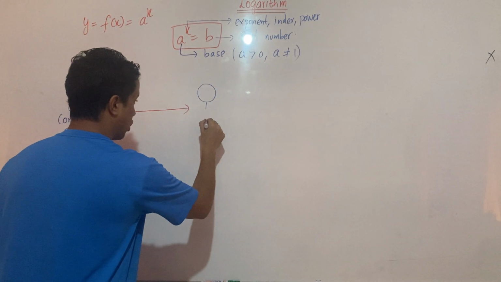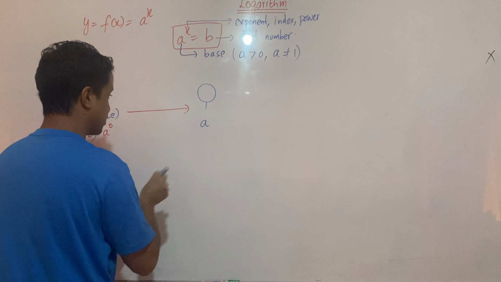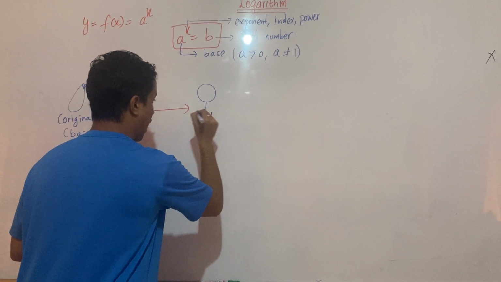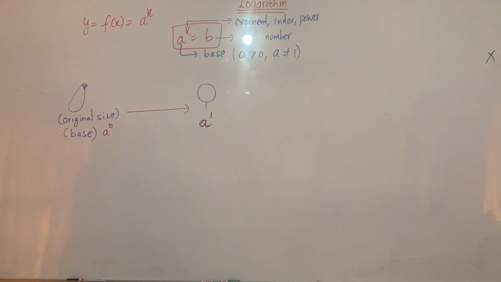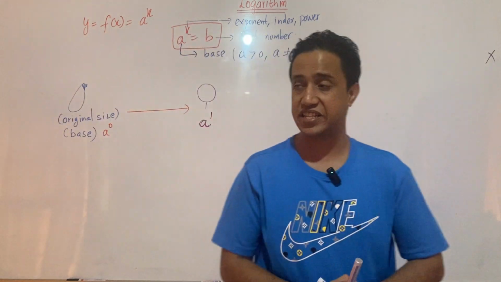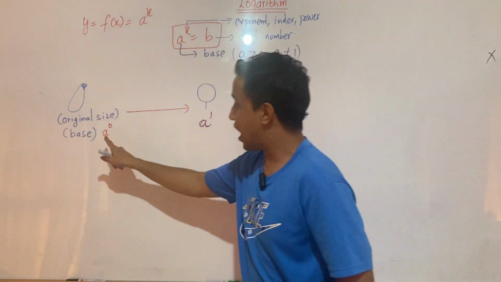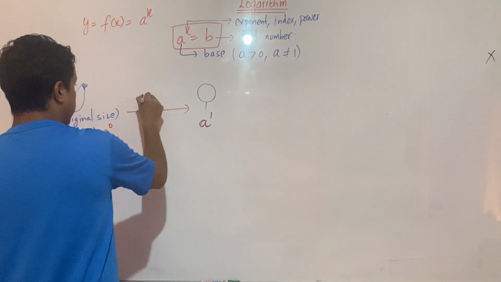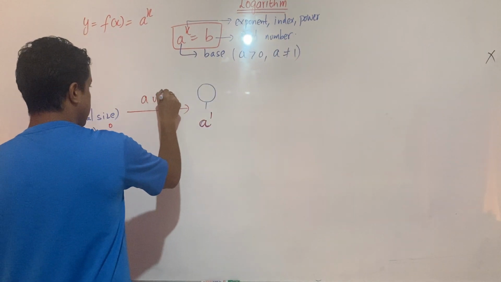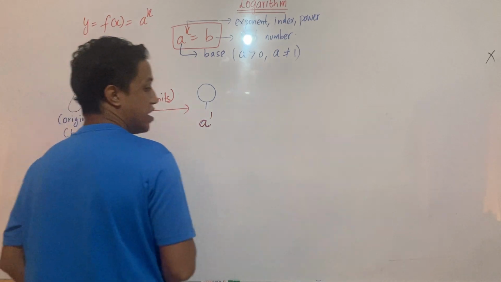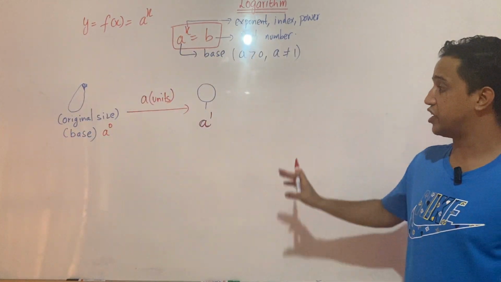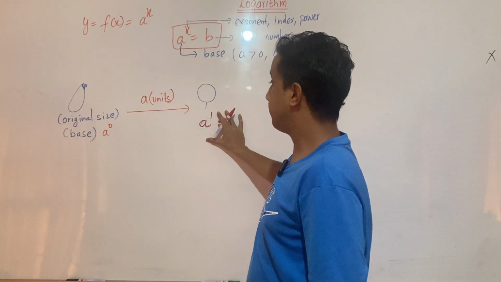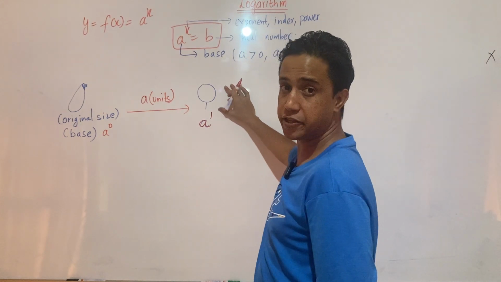So I call it, let's say the size is A1. Right? A1, what does it mean? It means that I had blown a units of air in this balloon. So here the size becomes A1, right?